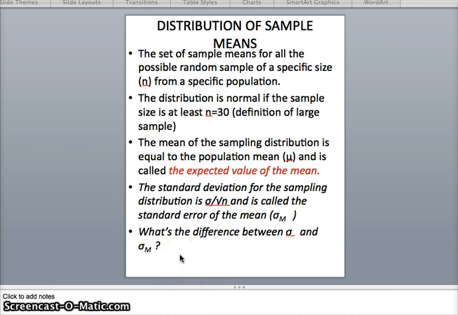What's the difference between the standard deviation and the standard error of the mean? The standard deviation measures the distance between a score and the population mean. The standard error of the mean, on the other hand, measures the distance between a sample mean and the population mean.